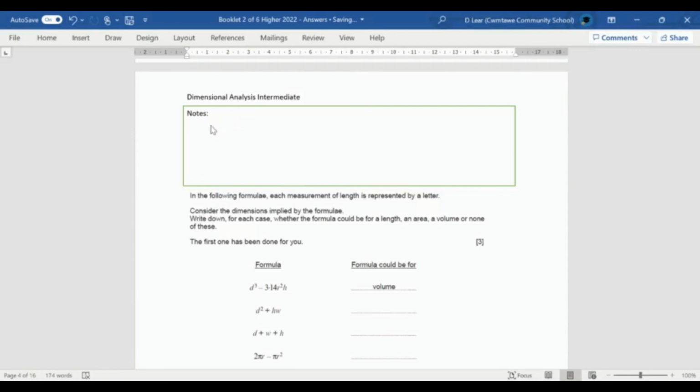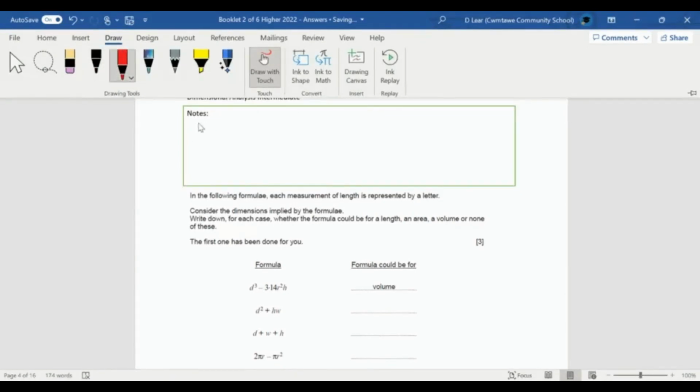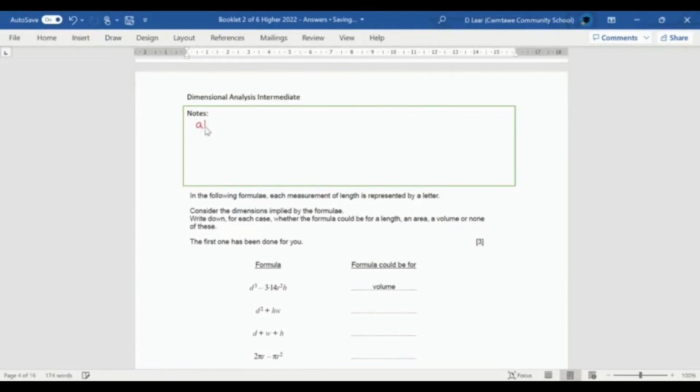Okay, so what we're looking for here is this: any two letters timesed together. Now, there are a couple of ways to times two letters together. It could be something like AB, that would be two letters together, or A squared, that would be two letters timesed together, I mean, okay? Anything like that is an area. Any letter by itself is a length, like A, B, C, whatever.